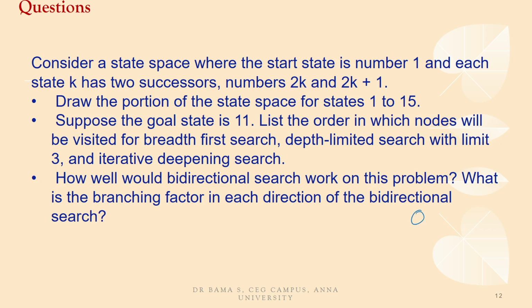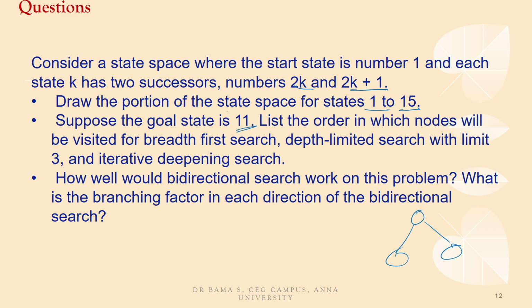Before we move on to the next section, here is a question from the textbook. Consider a state space where the start state is 1 and you have branches 2k and 2k plus 1. First, draw the portion from 1 to 15. Just apply this and draw the tree.